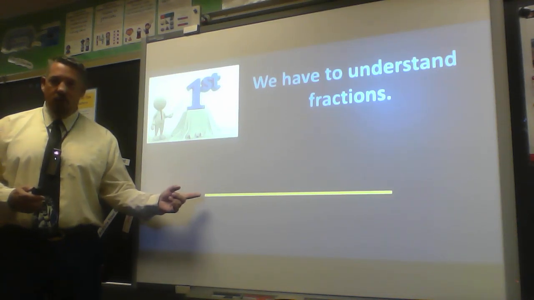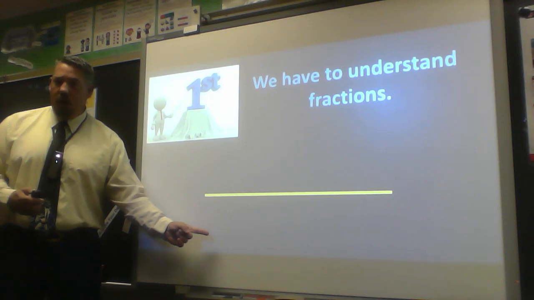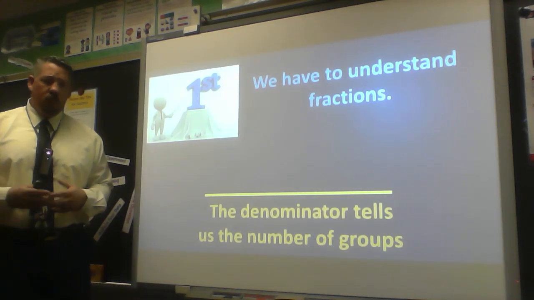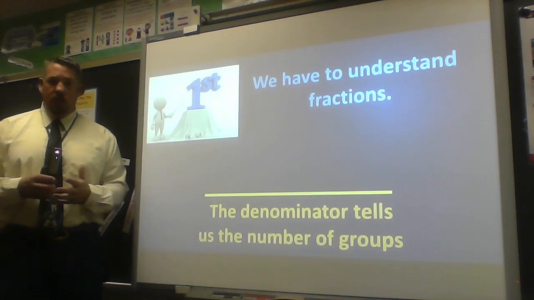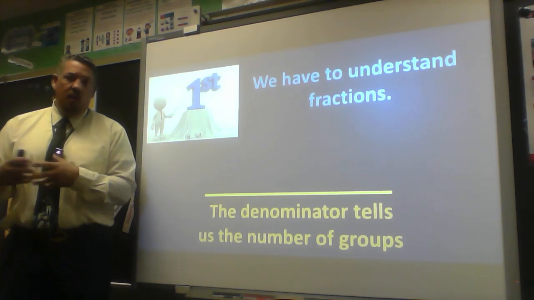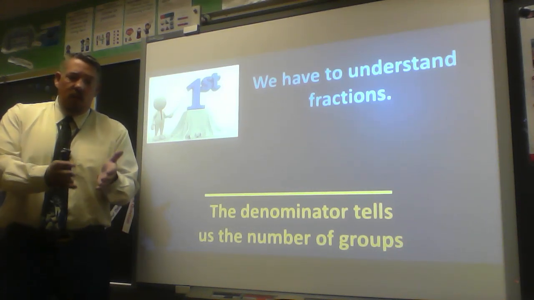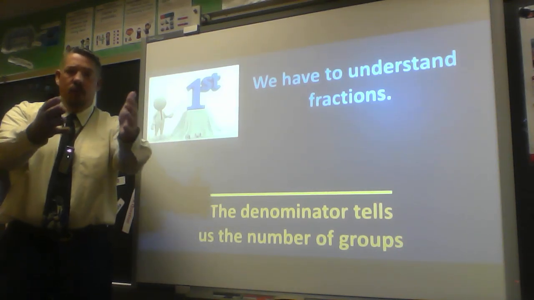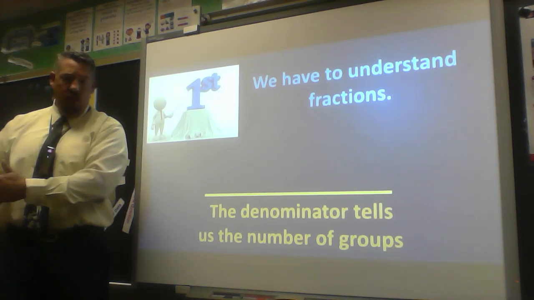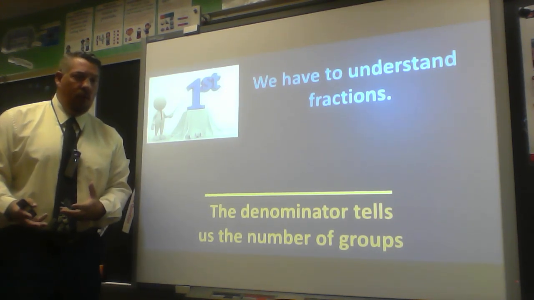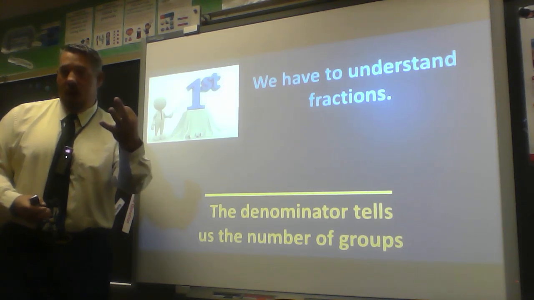So when we have a fraction, then I know that my denominator is telling me how many equal groups I'm talking about. So let's say I have a pile of 100 jelly beans, and I want to split them evenly amongst 20 people. So I'm going to have 20 individual piles of jelly beans. Well, let's say somebody really earned a special reward, and they got 3 of those piles.